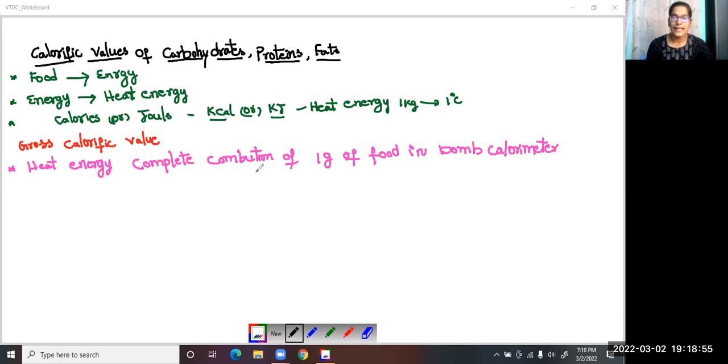That means the energy released when the oxidative breakdown of 1 gram of food is done is known as the gross calorific value. It is done in the bomb calorimeter, so it is an experimental value, not taken in the human body.